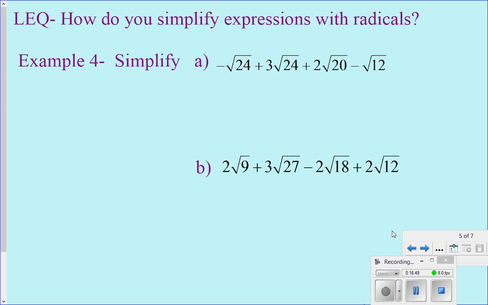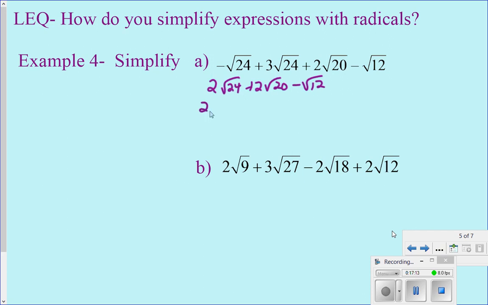Next one. Okay, these you did in Algebra 1. Just a refresher, you can combine terms if they're like terms. So when I see 3 root 24 and negative 1 root 24, well, I can combine those. That's just like 3x minus 1x. So that's going to give me 2 root 24. So then I have 2 root 20, and then I have negative root 12.